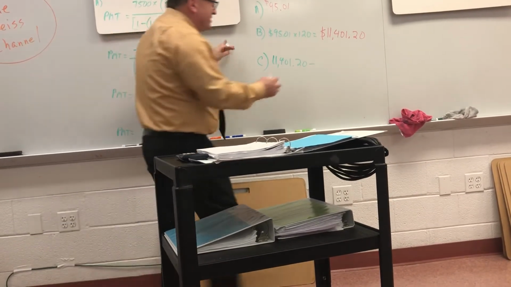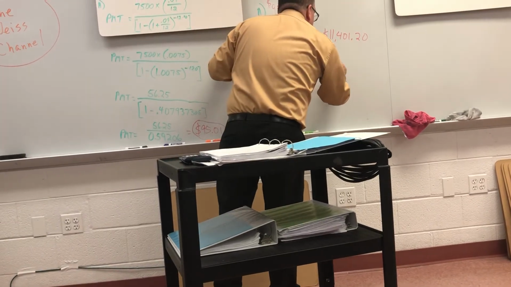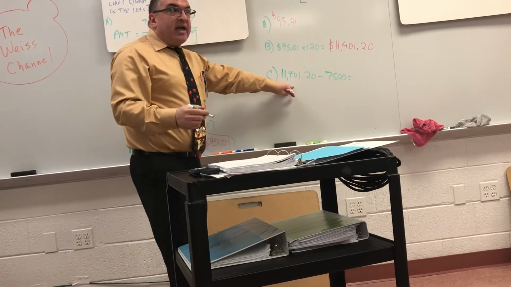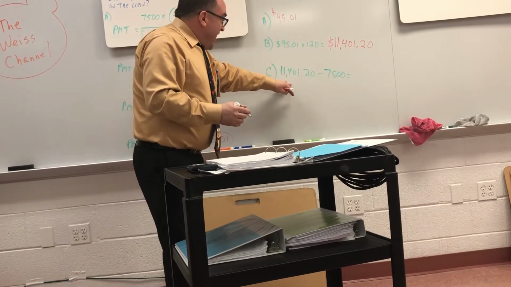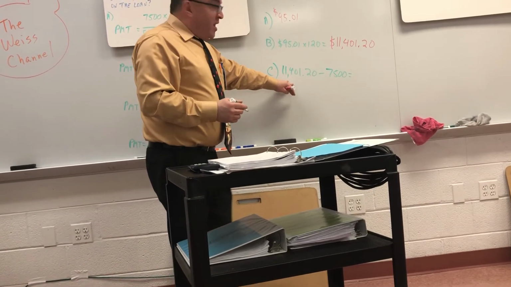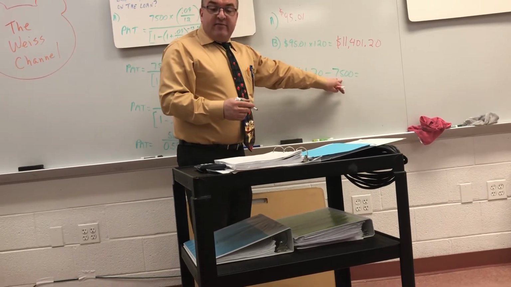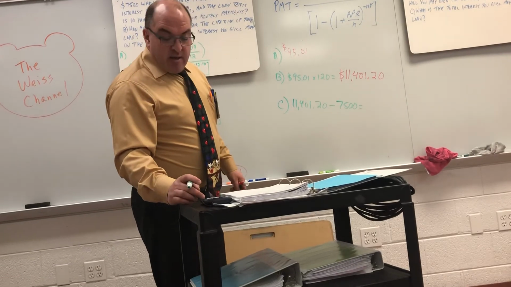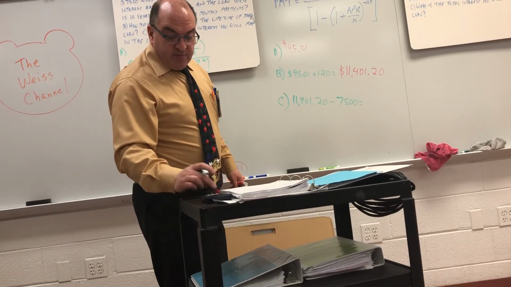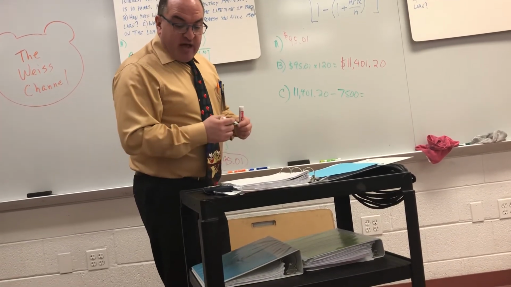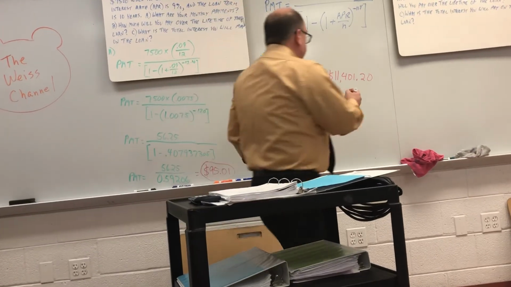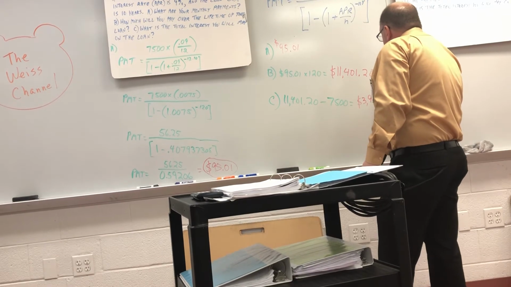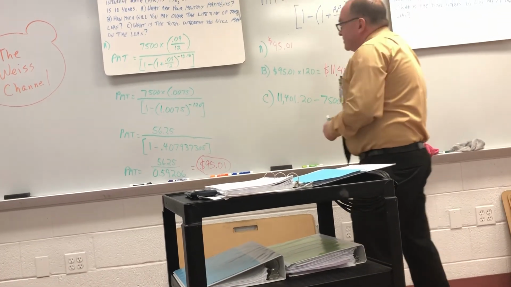So you subtract $7,500 because this was the money that you borrowed and this was what you paid back. So you had to pay back $11,401 for borrowing $7,500. So what is 11,401.20 minus 7,500? And you get 3,901 and 20 cents. Okay?